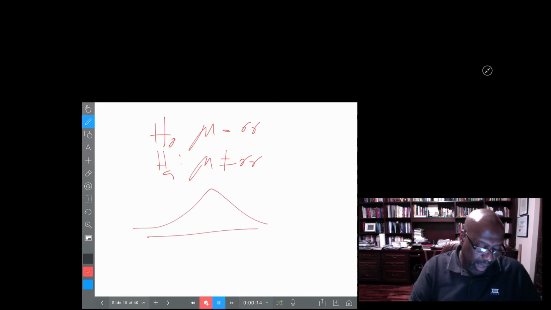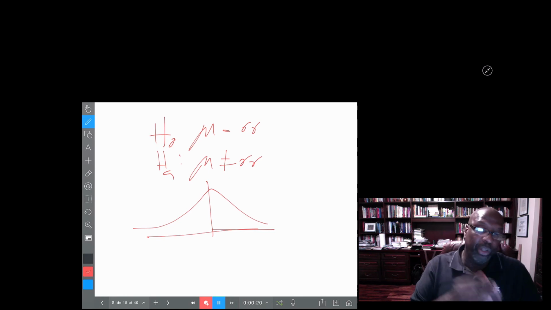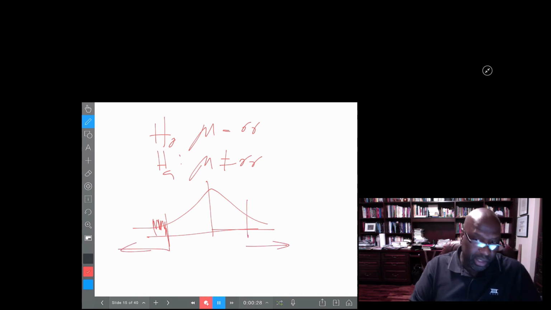So if I wanted to test H0 versus HA, mu not equal to 66 versus mu equal to 66, then my decision rule, not equal to 66, could be values like 50, 40, 30. That means that I could be looking for extreme values down here, or high values, not equal to 66, 75, 85, 95. Okay?